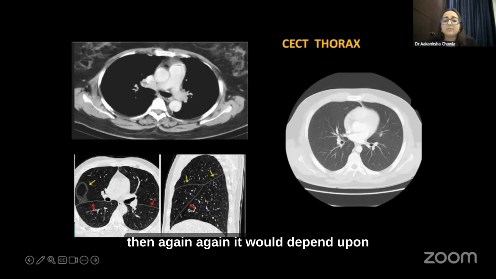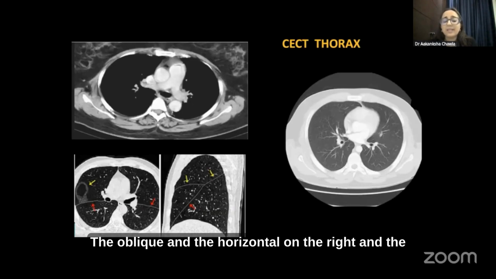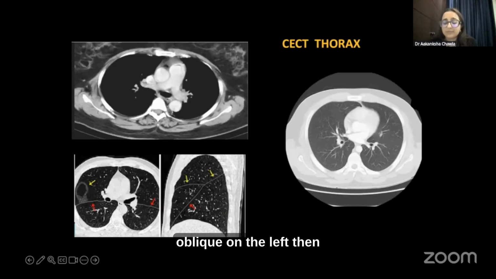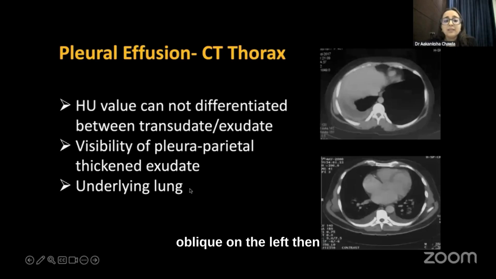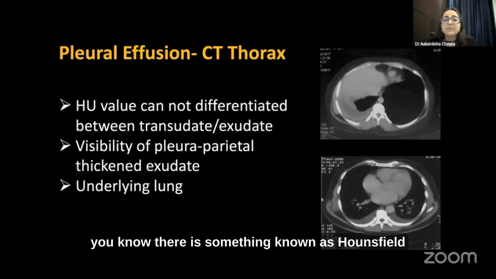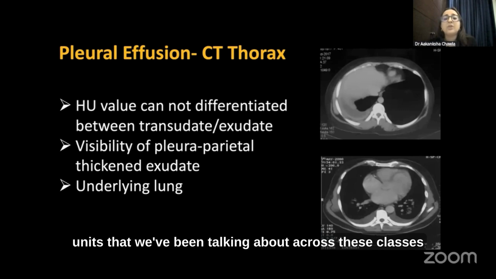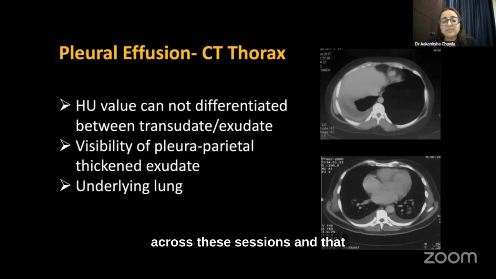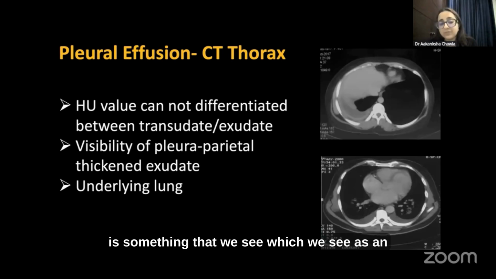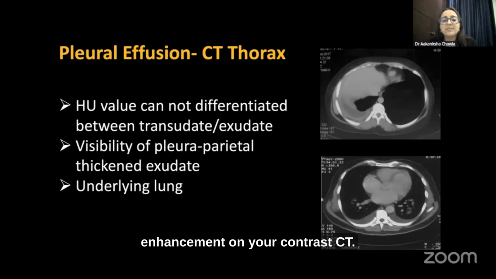Then again, it would depend upon the presence of fissures, the oblique and the horizontal on the right, and the oblique on the left. Then there is something known as Hounsfield units that we've been talking about across these sessions, and that is something we see as an enhancement on your contrast CT.